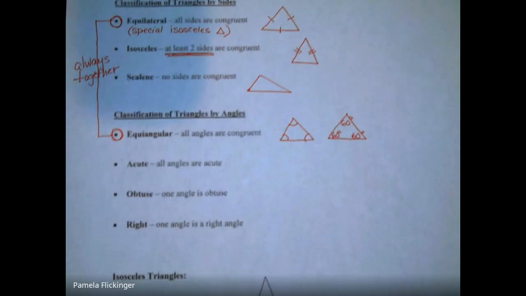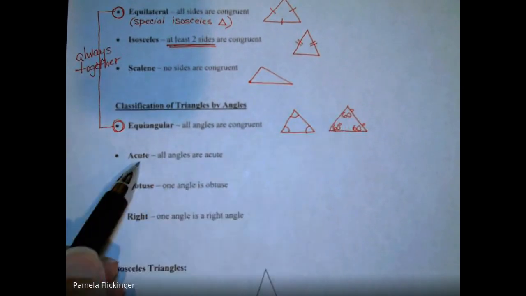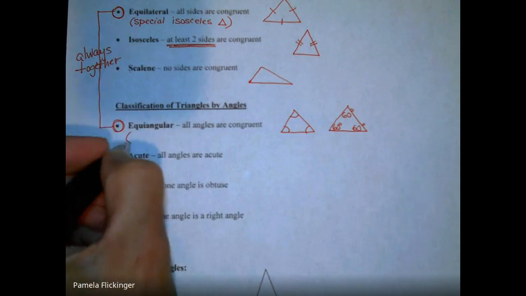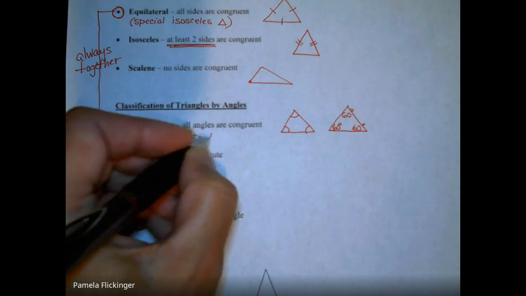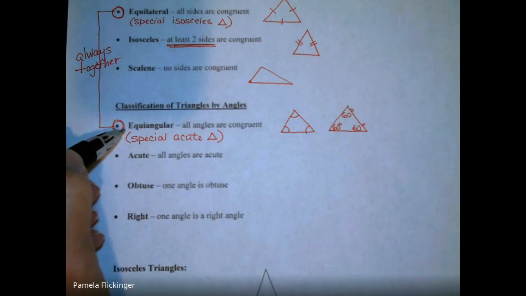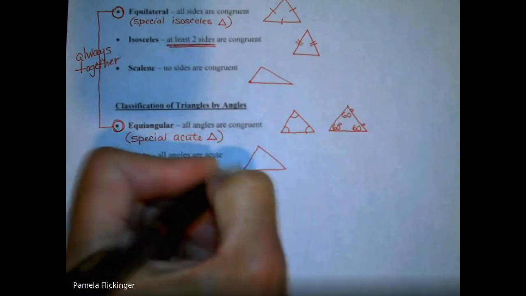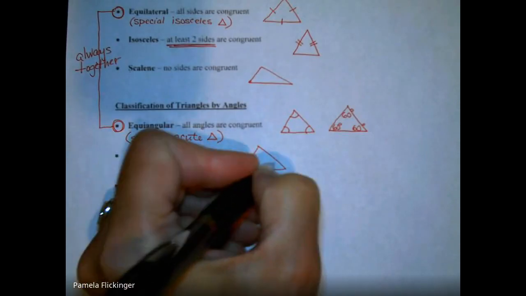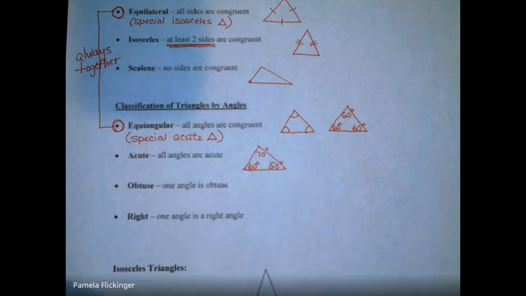Now, notice that those three measures are all acute. So an equiangular is a special kind of acute triangle. But again, if we know they're all 60, we use the more specific word equiangular to describe it. But if the three angles are not all 60, but maybe they're 60, 50, and 70, and again, all three of them are less than 90 degrees, then that would be an acute triangle.